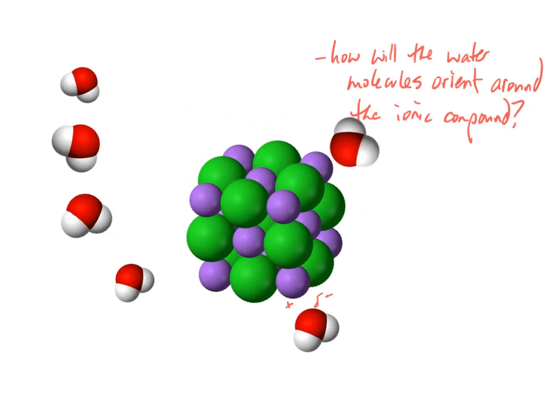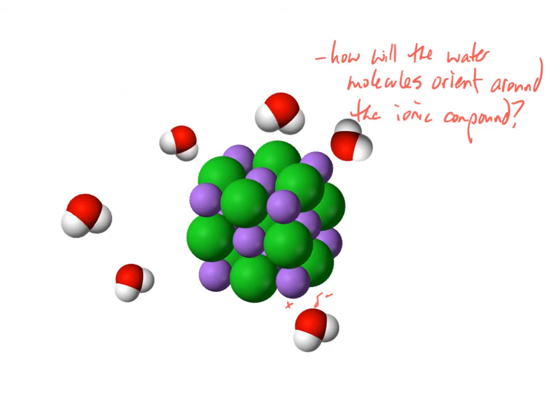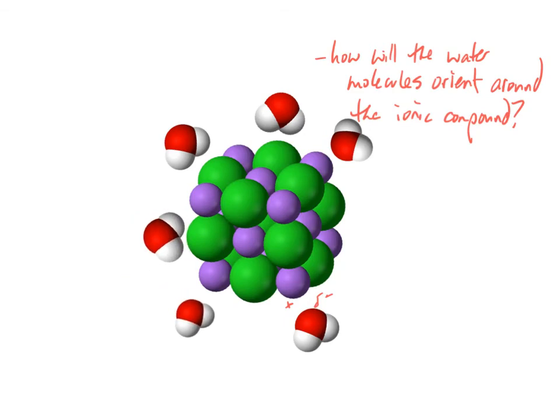Again, the red oxygen would be attracted to the purple positive ions, and then the white hydrogens, the positive ends of the water molecule, would be attracted to the negatively charged chloride ions. If you can imagine this happening at the gigazillion scale, these water molecules are basically going to carry away these ions until they're completely separated, and every ion is floating by itself but surrounded by water molecules.